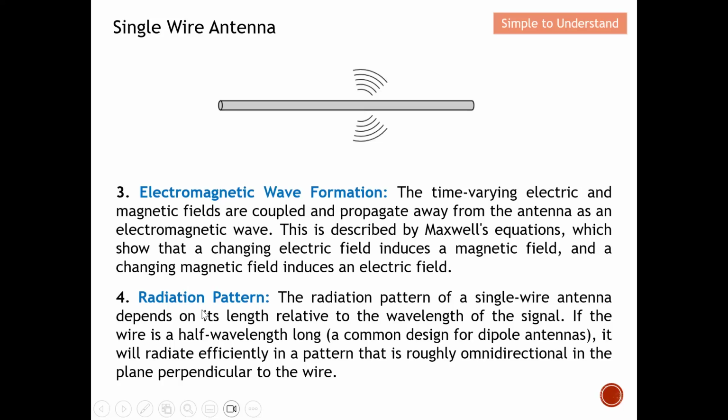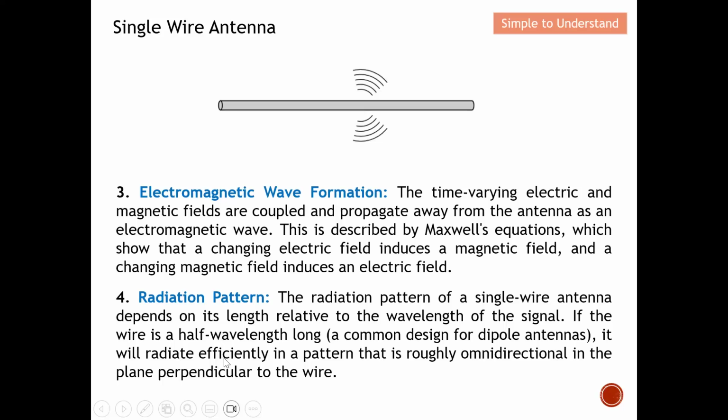Come to the radiation pattern. The radiation pattern of a single wire antenna depends on its length relative to the wavelength of the signal. Let's say the wire is half a wavelength long, which is a very common design for a dipole antenna. I will describe more on the dipole antenna.